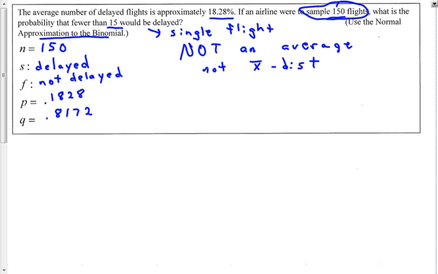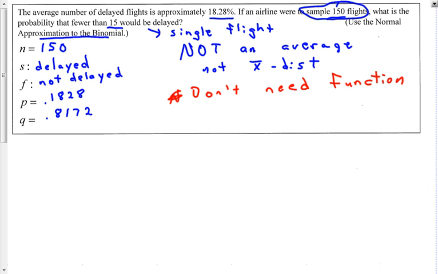And notice you don't need the function. You don't have to identify the probability function because you're going to be approximating it using the normal.